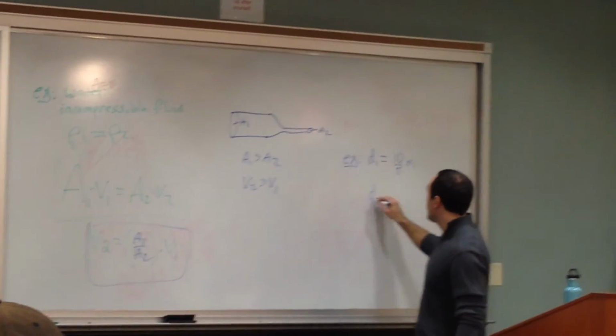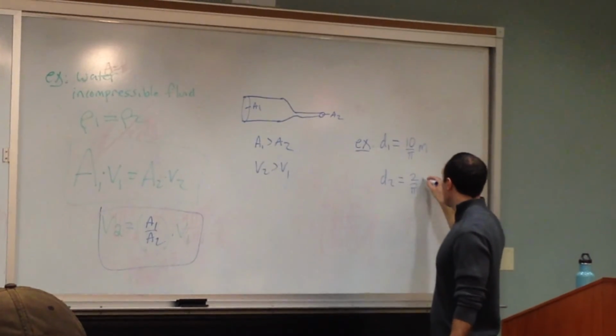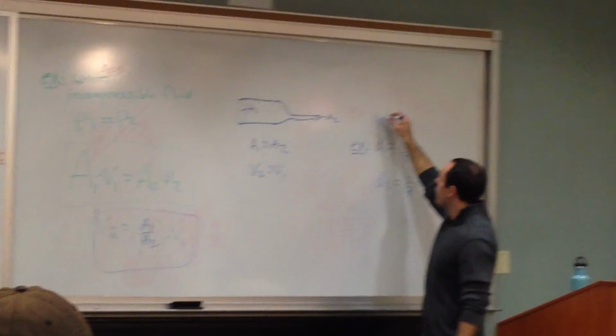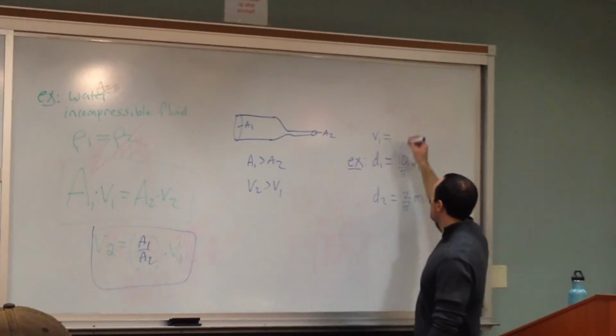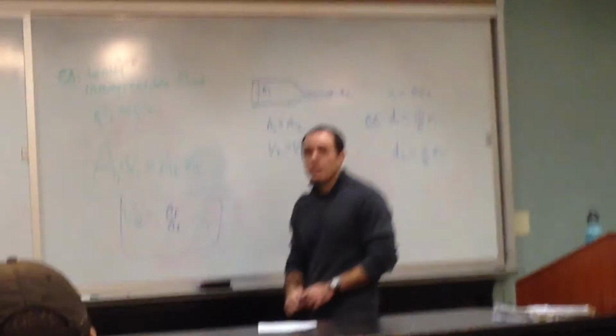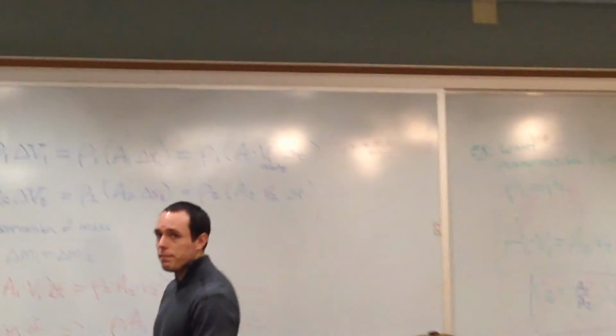And let's say D2 is equivalent to 2 over pi meters. And let's also say we knew that the velocity of this water in tube 1 was equivalent to, say, 5 meters per second. Let's now find what the velocity is in tube 2.